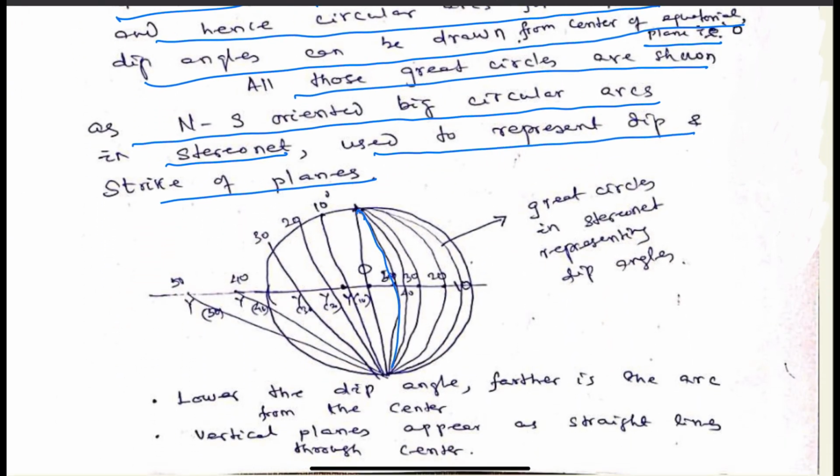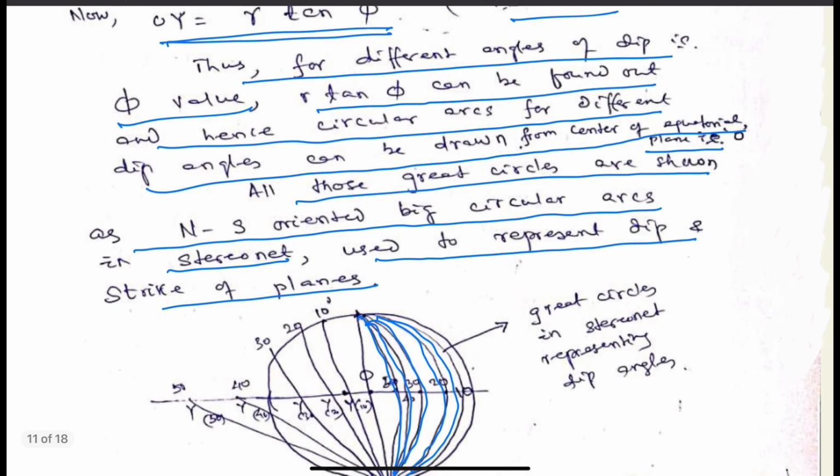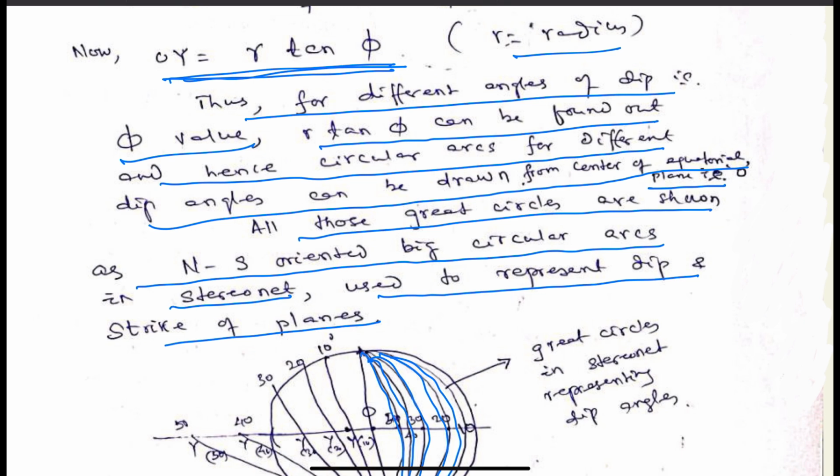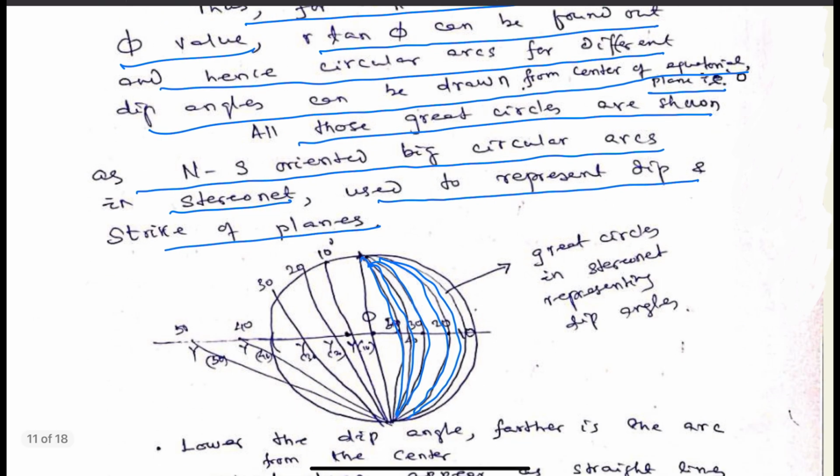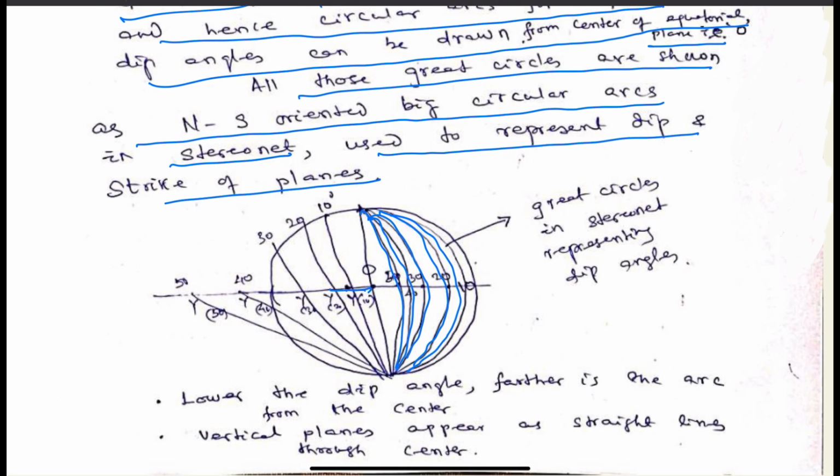So this is the way these circular arcs representing planes have been found out, because we know OY is equal to r tan phi. So this is OY for different circular arcs, the great circles, which represent the planes.